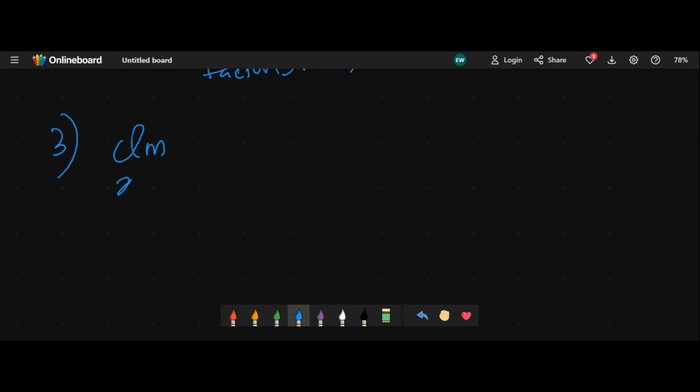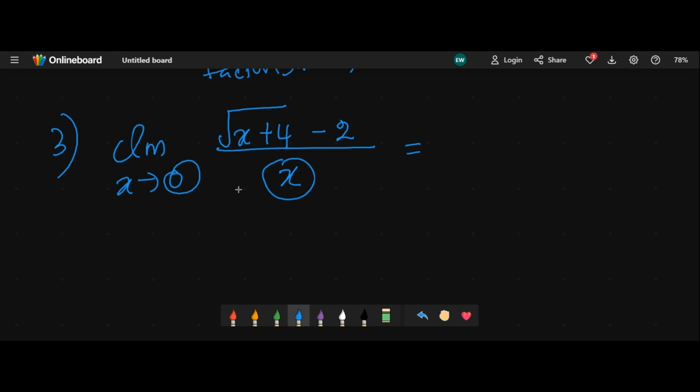Limit x approaches 0 of square root of x plus 4 minus 2, divided by x. First of all, substitute this and see. We substitute x as 0, and you can't divide a number by 0, so substitution doesn't work. And factorization, you can't factorize this, nothing to factorize.